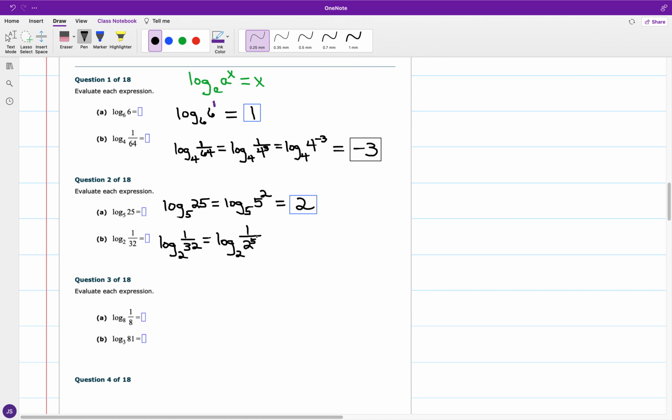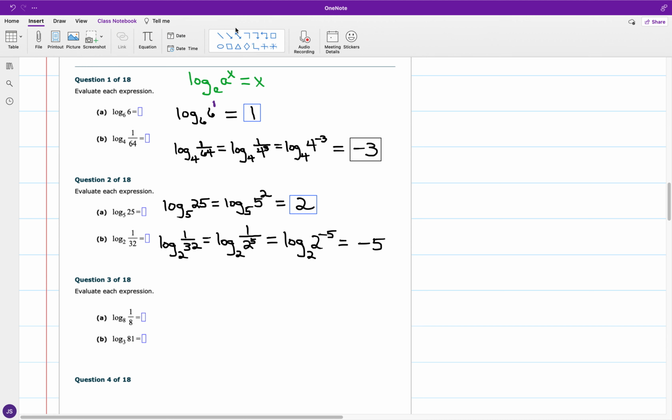But I want to express this fraction directly in terms of the exponential base 2. So applying the inverse rule, the reciprocal of 2 to the 5th is 2 raised to the negative 5. So we now have a at 2, x at negative 5, and the base 2 logarithm of 1 over 32 is equal to negative 5.